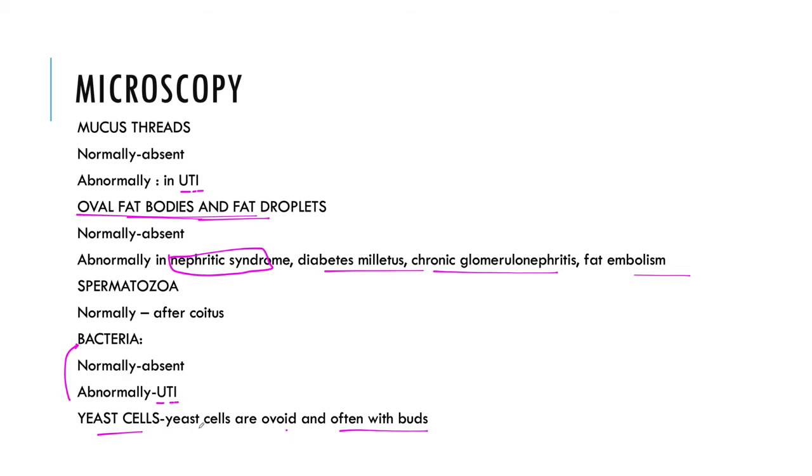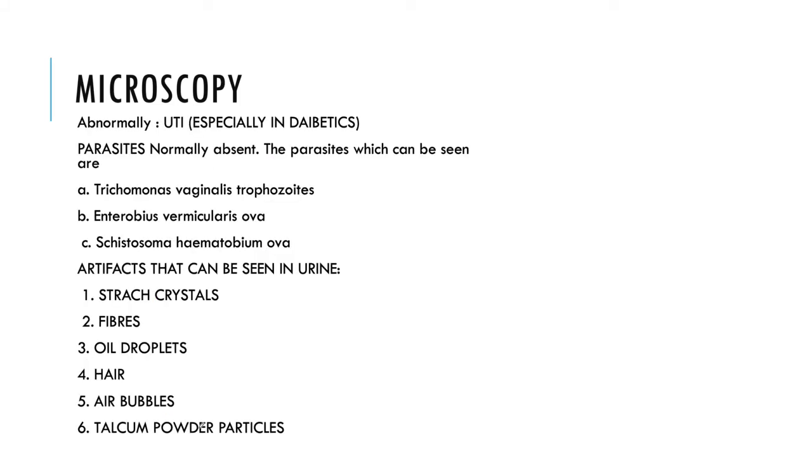Abnormally, parasites are also normally absent, but parasites like Trichomonas vaginalis, Enterobius vermicularis ova and Schistosoma haematobium can be present in the urine.